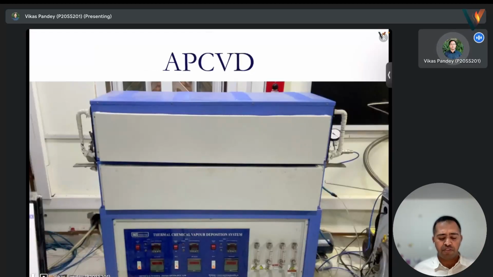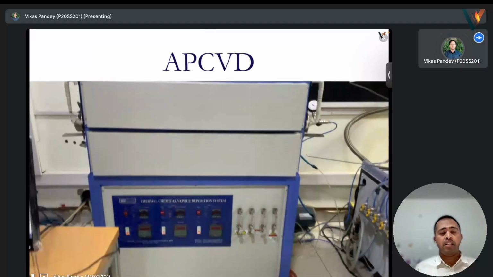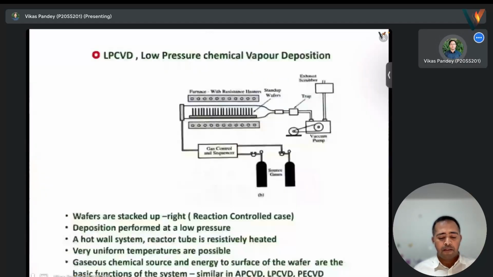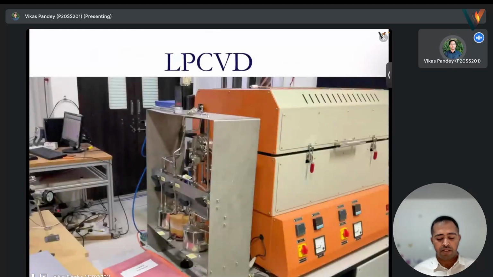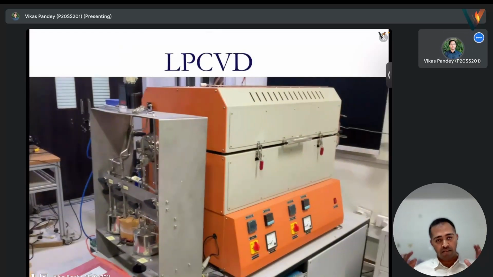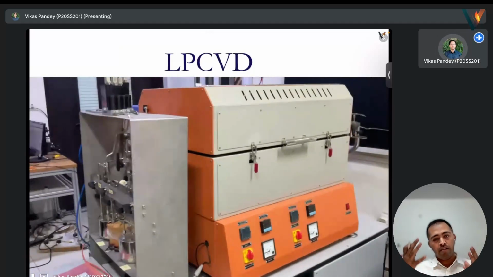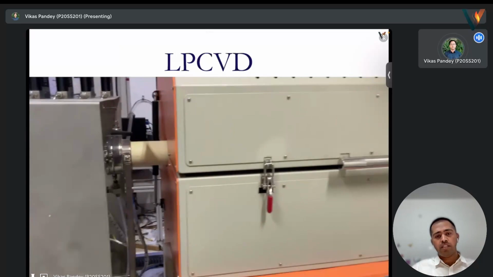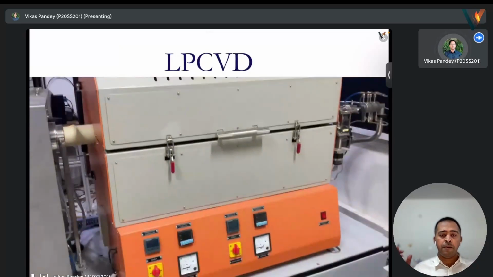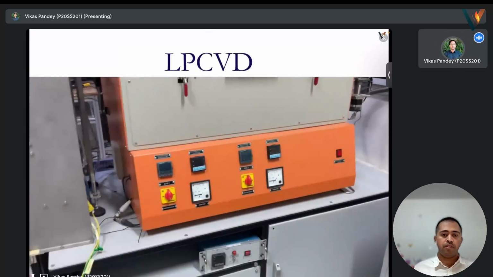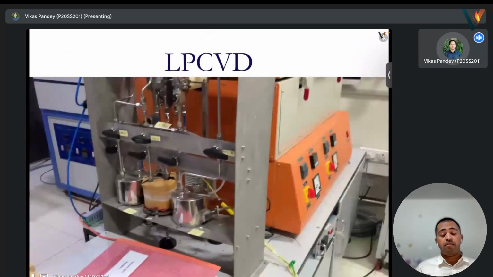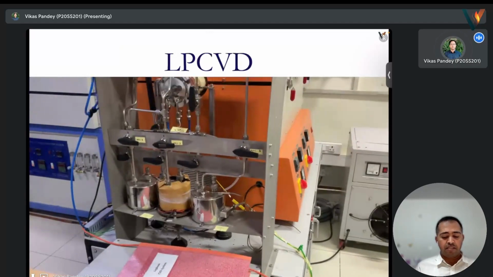There are different kinds of CVDs. This is APCVD, which happens at atmospheric pressure. Then low pressure CVD, which happens at a bit lower pressure. But all these are furnace kind of structures, used to facilitate the reaction.